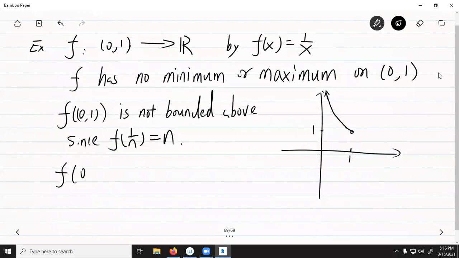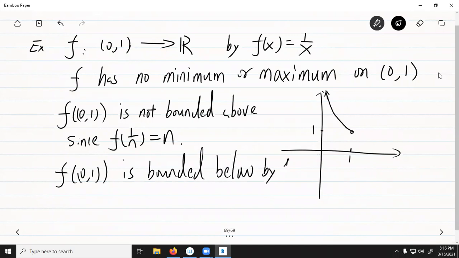It is bounded below by 1. However, this 1 is not in its range, in its image, right?